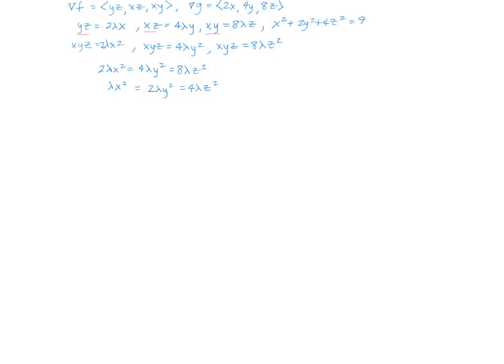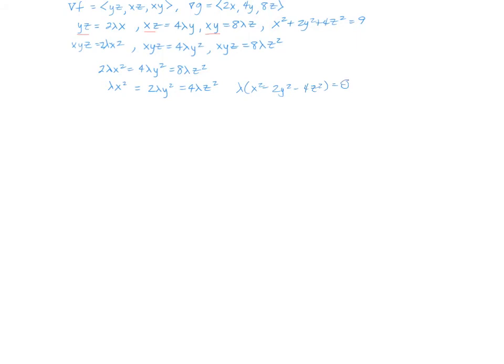Now, again, I can factor out the lambda, set it all equal to 0, factor out the lambda, and then deal with the other. Let me show you what I mean. So I could set it all equal to 0, factor out the lambda. I'll end up with x squared minus 2y squared minus 4z squared, and it would all be equal to 0.